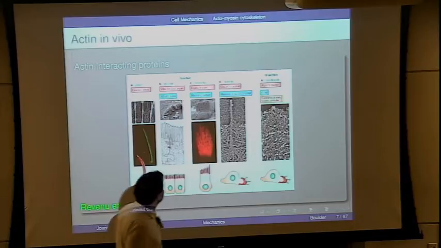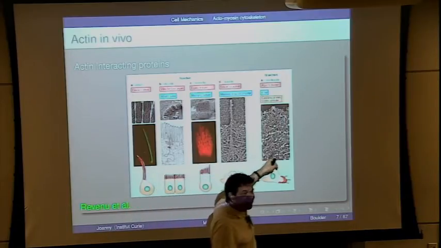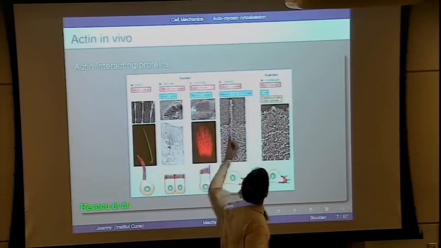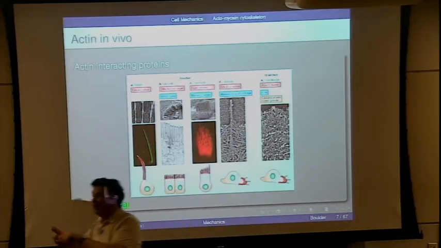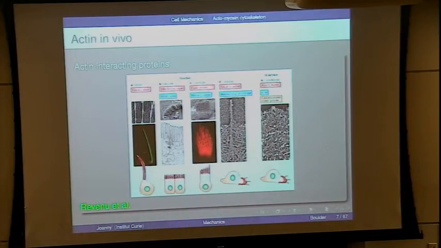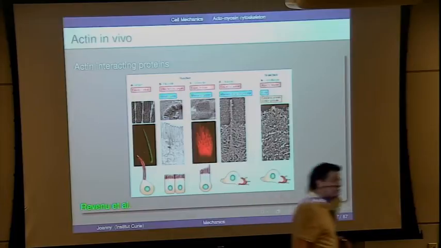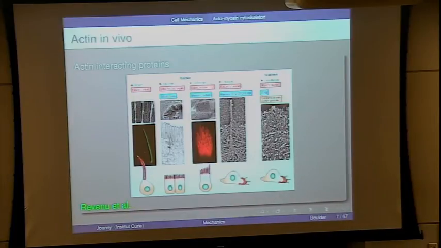So that's one option. Either it makes a gel like this, or it makes bundles. And there are proteins that force the actin filaments to be parallel. If these proteins are present, they will force actin to make bundles. I will ignore the bundles and try to discuss mostly the gel.